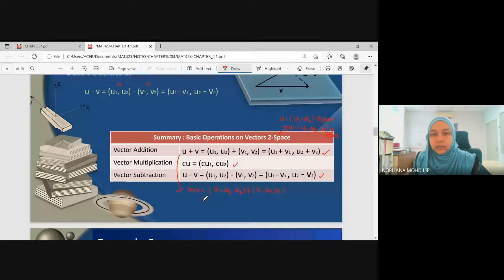So it has u1 plus v1, u2 plus v2, and u3 plus v3. This is the example for vectors in 3-space. Same operation for vector multiplication and subtraction.